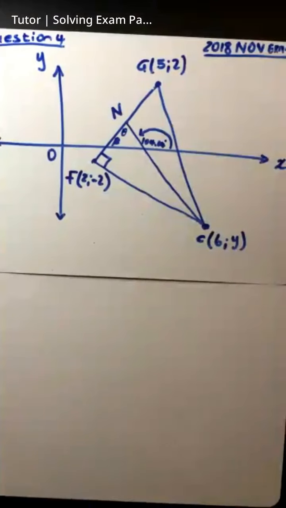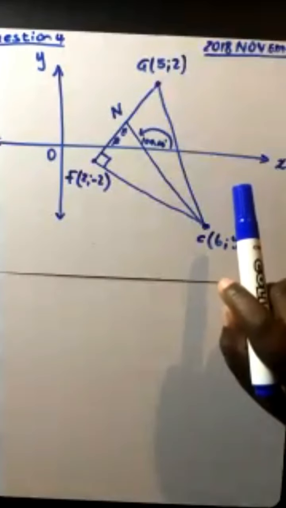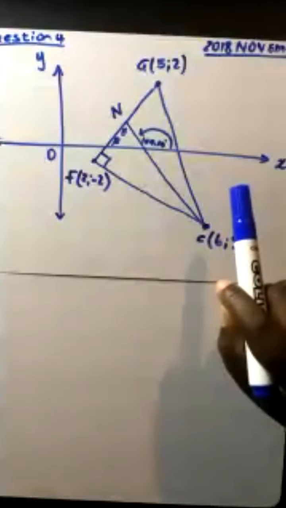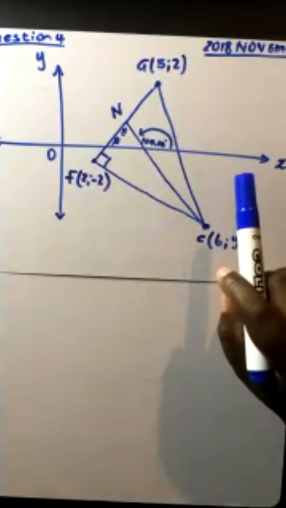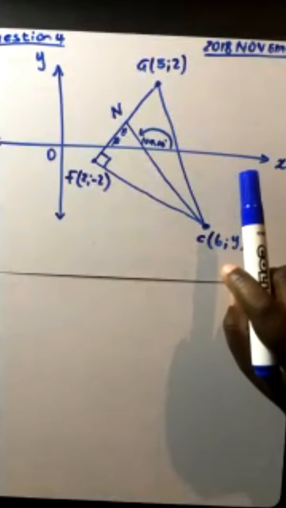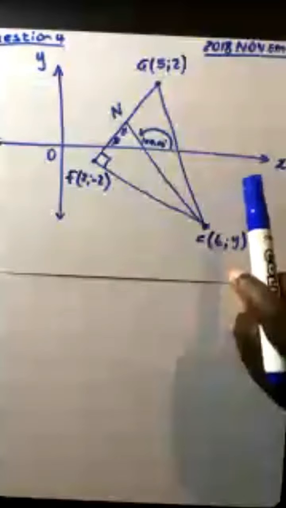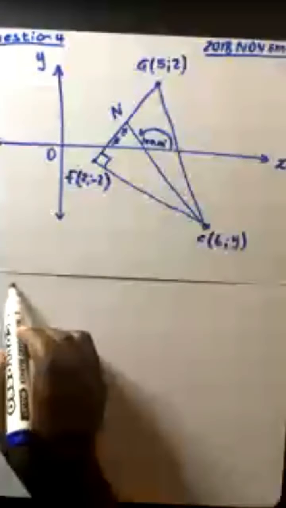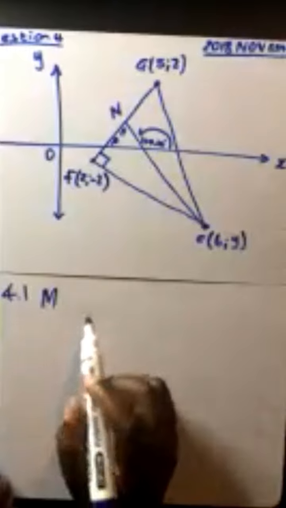So guys, the first question that we're given, they say calculate the gradient of FG, and this question is allocated 2 marks. Calculate the gradient of FG. So ladies and gentlemen, this is question 4.1, where they say calculate the gradient. So you can just say M represents the gradient.